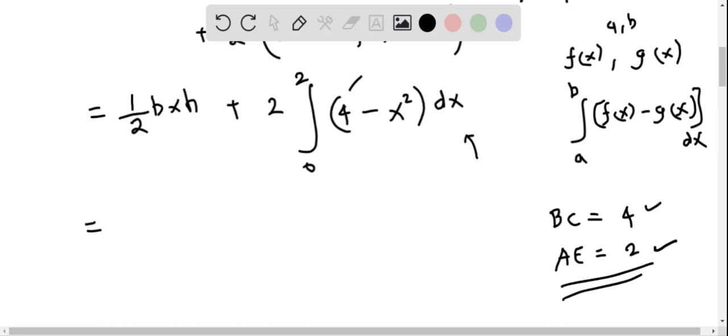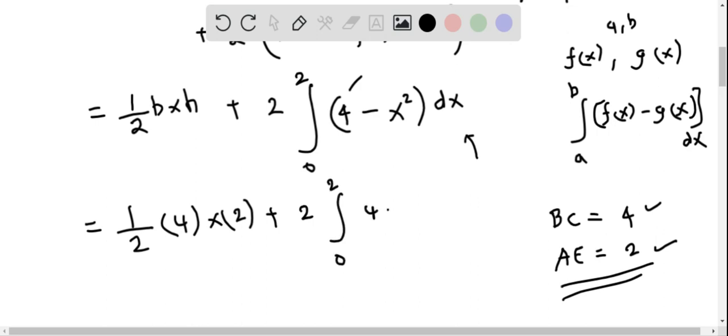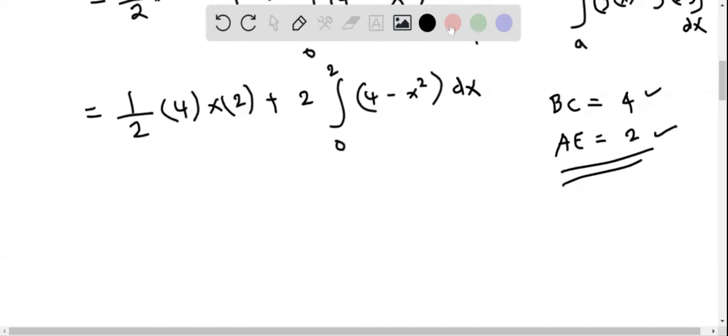We will utilize these two values. I'm going to substitute base equal to 4 and height equal to 2, plus we write this now, the integral of 4 minus x squared dx. Now let's evaluate this. You can do some cancellation here. This 2 and 2 get cancelled. So we have 4 here, plus 2 times, let's integrate this.